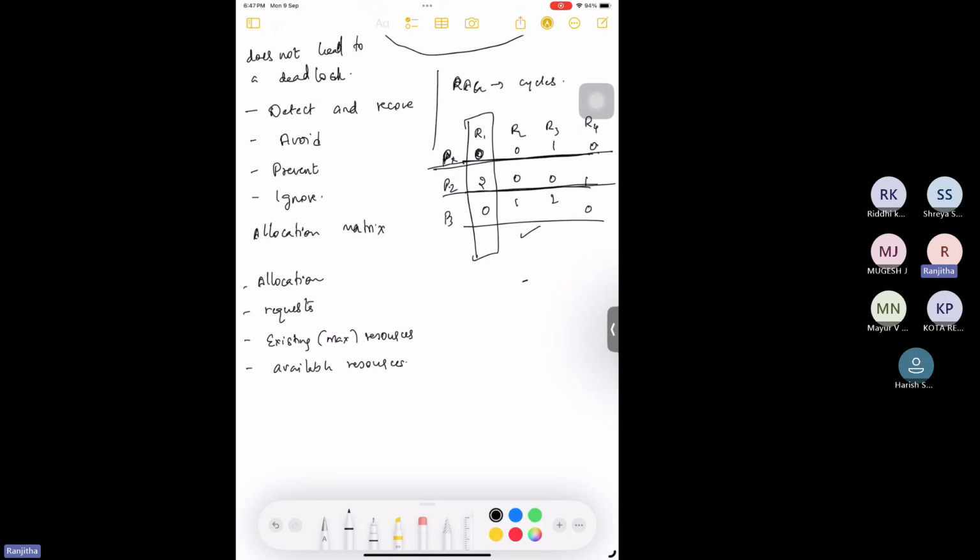So we'll cross check all these matrices and then find out whether there is any sequence of allocation by which all the current requests can be met. If such a sequence of allocation is available, then we say that there is no deadlock situation. Maybe we can see one example. Probably that would make it a little easier to understand.